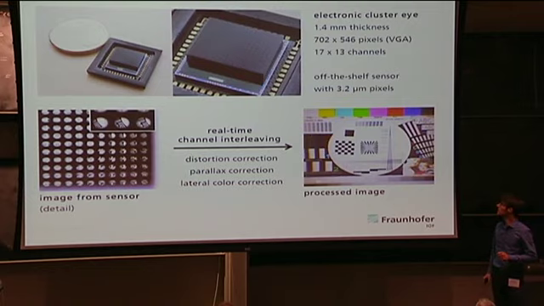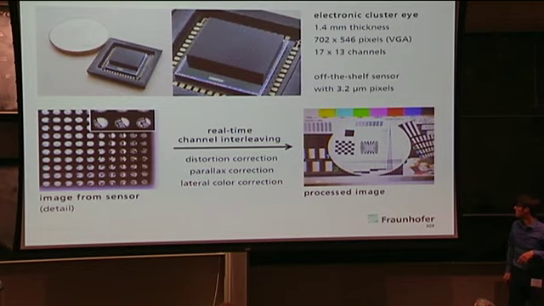And we built a prototype with micro lenses that's just 1.4 millimeters thick. And this is the prototype mounted on the off-the-shelf sensor. This was what the sensor sees, and we use real-time channel interleaving to produce this image on the left.